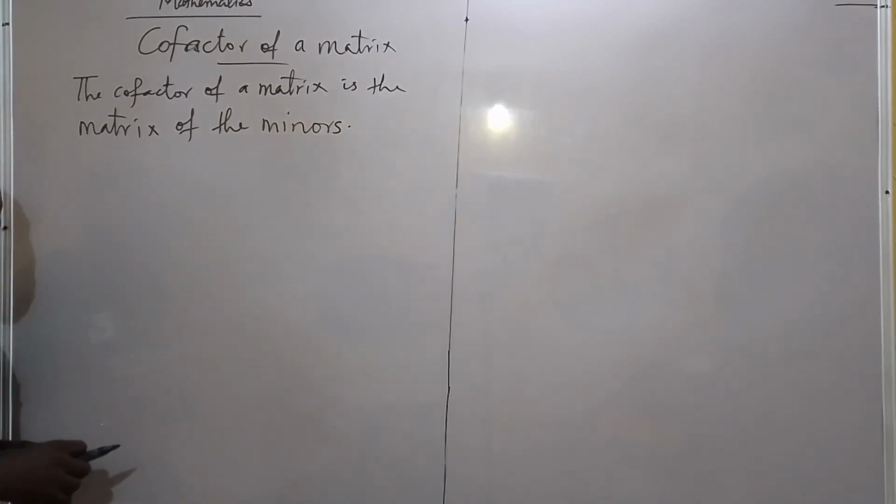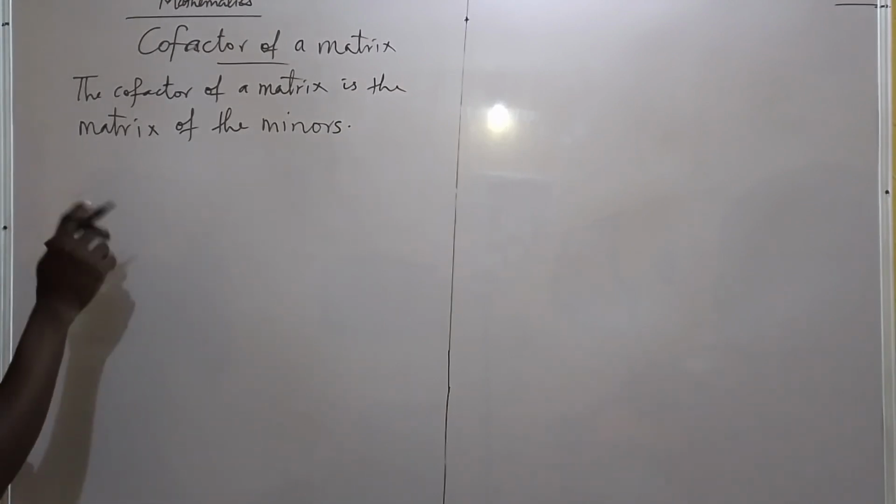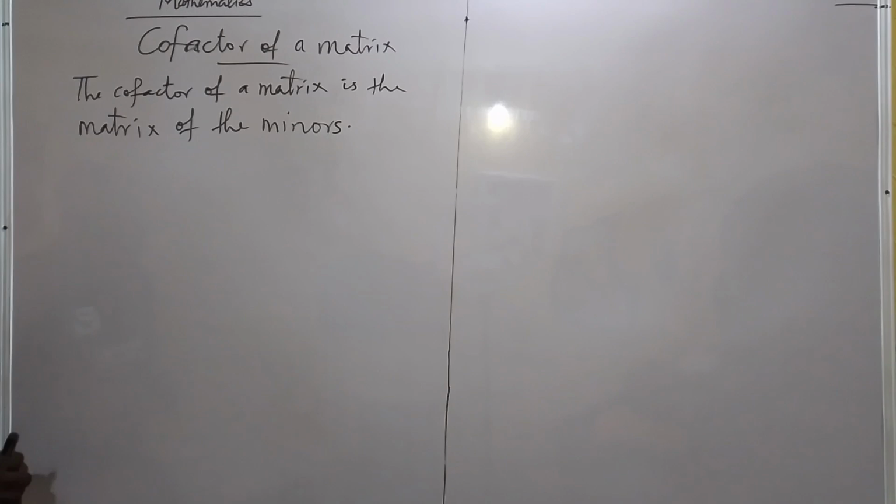In the last video I explained what the minor of a matrix is. That is, the minor of a matrix is the determinant of the leftover matrix when the row and column to which an element belongs are deleted.